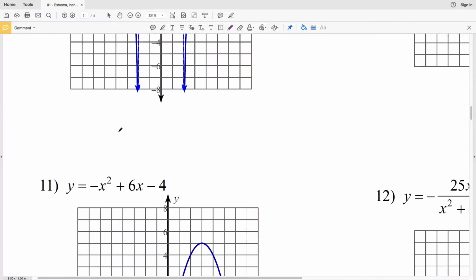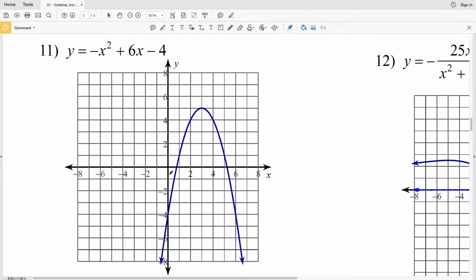Moving on to number 11, we do not have a relative minimum, but we have a relative maximum, and that occurs at the point (3, 5). But it is not just the relative maximum, it's actually the absolute maximum because that is the greatest y value in the entire graph.